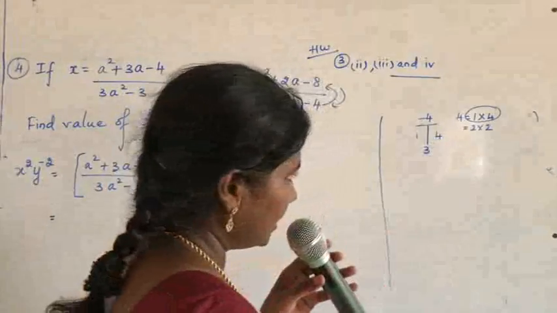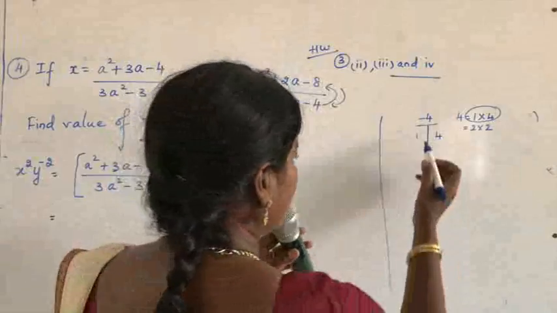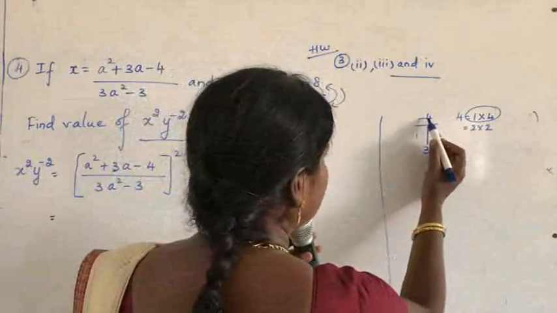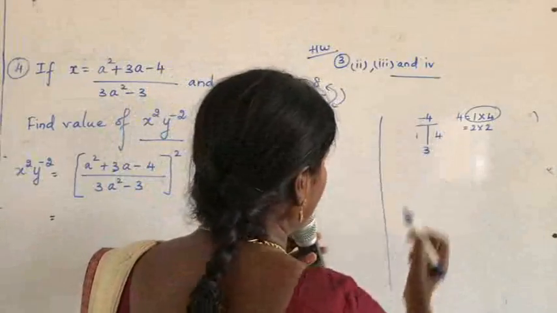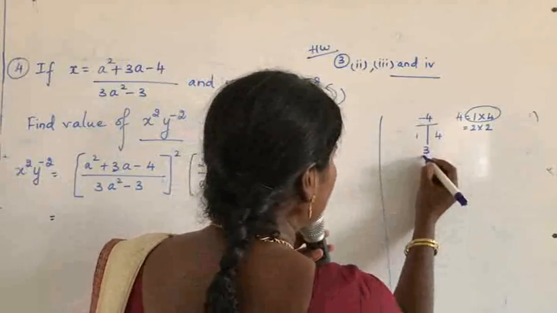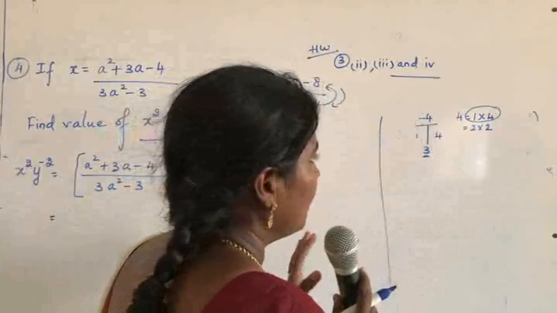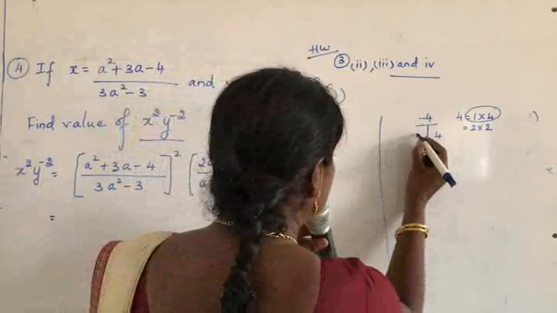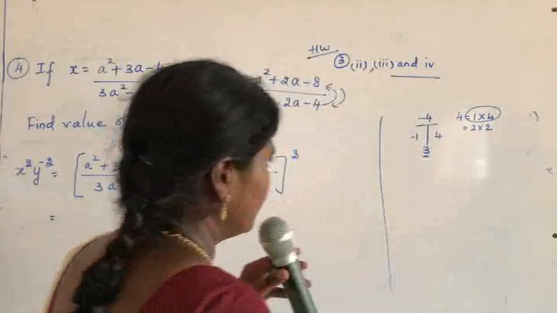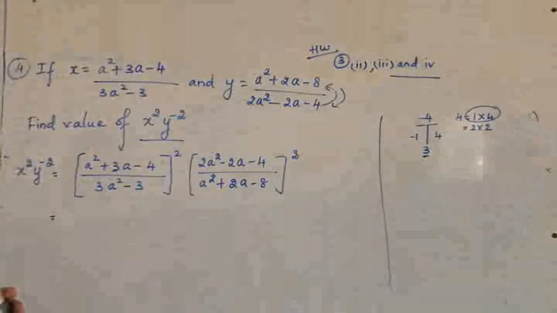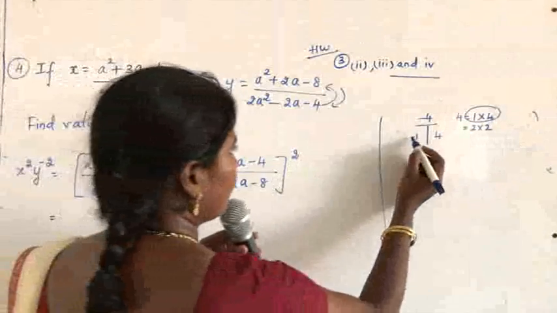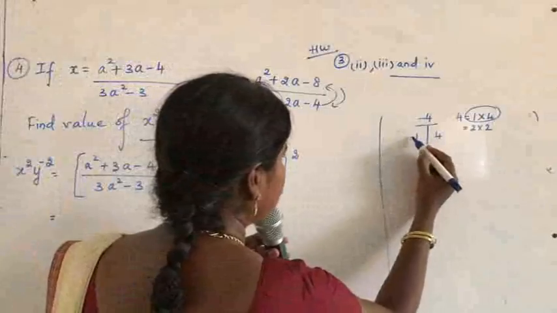We have to do some changes. We have to insert a sign over here. 1 fours are 4, but we need here minus 4. And the sum part is plus 3. When the sum part is plus 3, the bigger number should be positive. So you have to insert a negative sign for the smallest number. So you get minus 1 and 4. Now let's cross check our answer.